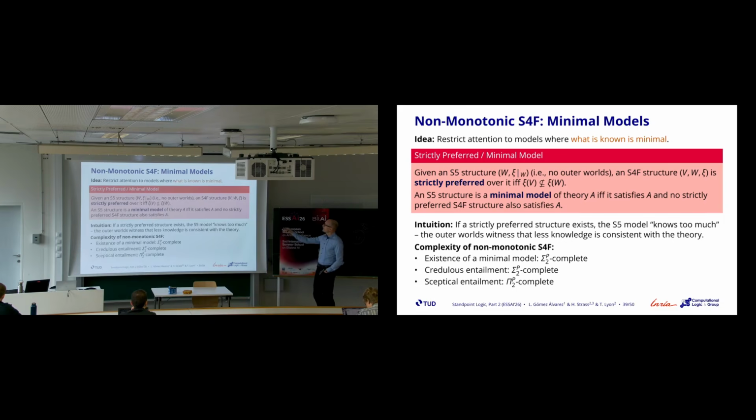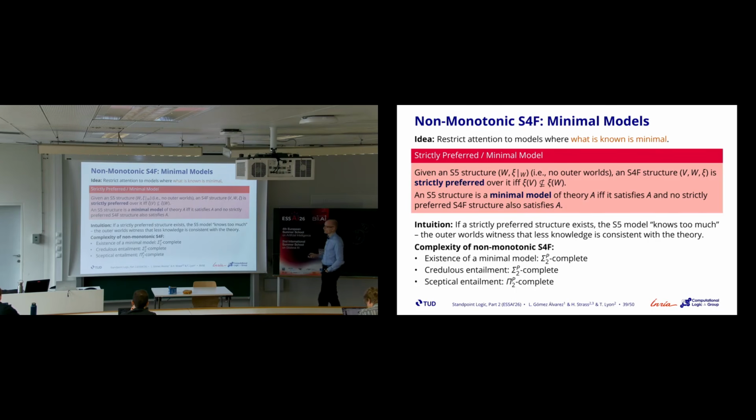So if we really have incorporated all of the worlds that actually satisfy everything that goes on in our knowledge base. So we say an S4F structure, and this now might contain outer worlds. We say it's strictly preferred over this S5 structure if the evaluations of the outer worlds are not contained in the evaluations of the inner worlds.